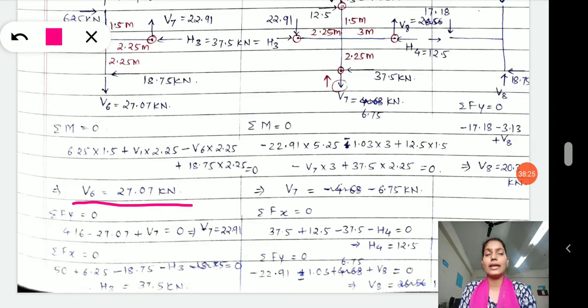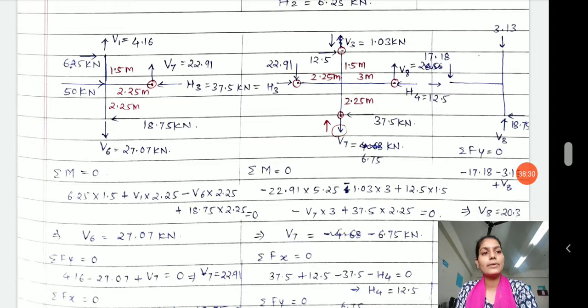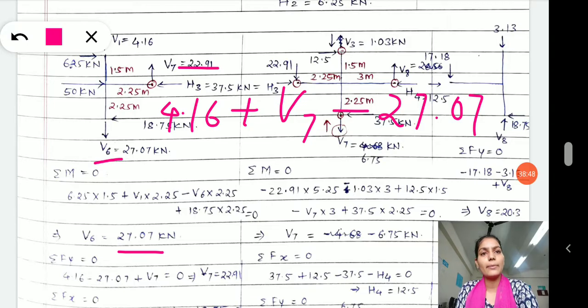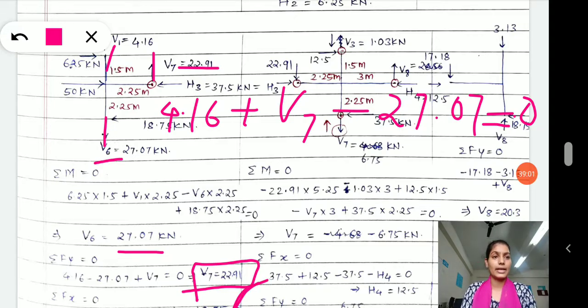Now summation Fy. We take the vertical force analysis now. How many vertical forces are acting? 4.16 upward plus V7 minus V6, which is already calculated as 27.07. So 3 forces, giving me the V7 value, equals 0, giving V7 as 22.91.